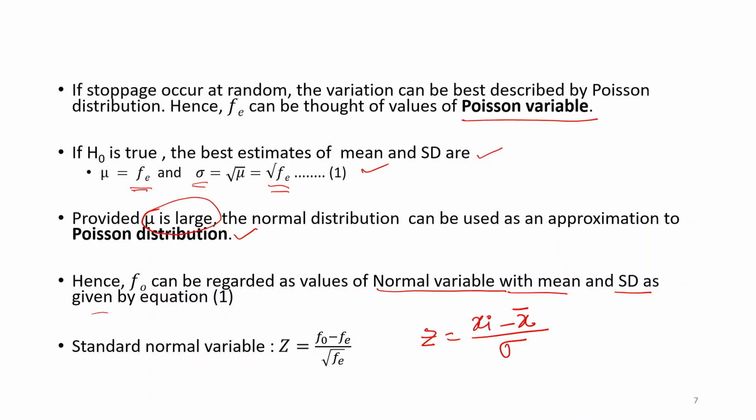So exactly the same thing we are writing here also. We are describing the z variable. This is my xi, this is x bar, and this one is sigma. So this ratio, F0 minus Fe by root over Fe, is a z variable, that is, a standard normal variable.